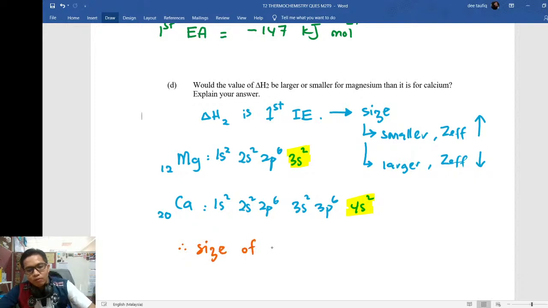So the conclusion, this is the important part: the size of magnesium atom is smaller. This is the key point.